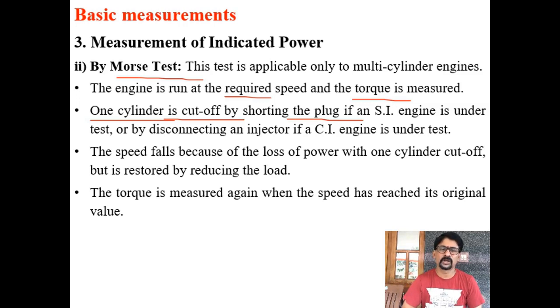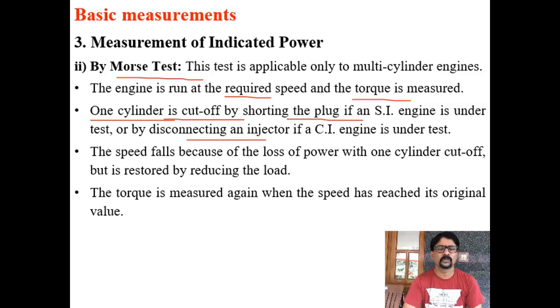So you short circuit the spark plug if it is an SI engine, and if it is a CI engine, then you have to disconnect the fuel injector, so that no fuel is supplied to that particular cylinder. If there is no spark, combustion will not take place in that cylinder. Remember that. If there is no fuel injection in a CI engine, there is no combustion in that cylinder. That is the meaning of cut off.